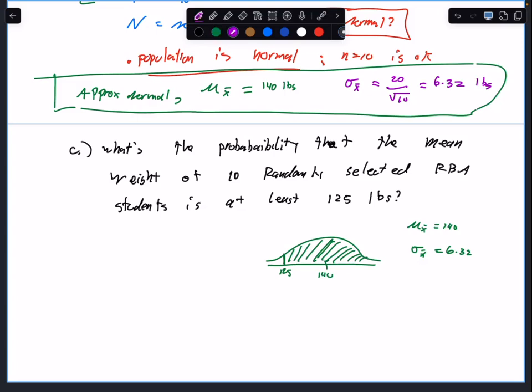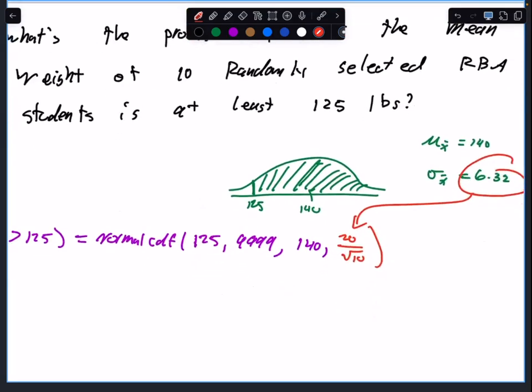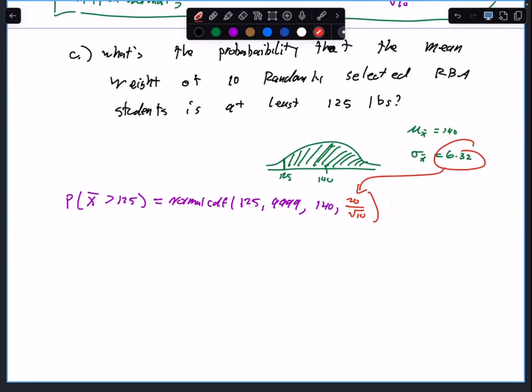So the probability that the average weight is greater than 125 pounds is normal CDF, 125, comma, 9999, comma, 140, comma, 20 over the square root of 10, which again is the 6.32. You can write it as 20 over square root of 10, or you can just write 6.32. I'm writing it like this for notes so that you understand where I'm getting that number from.